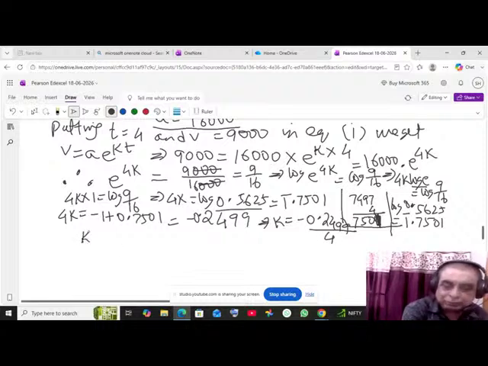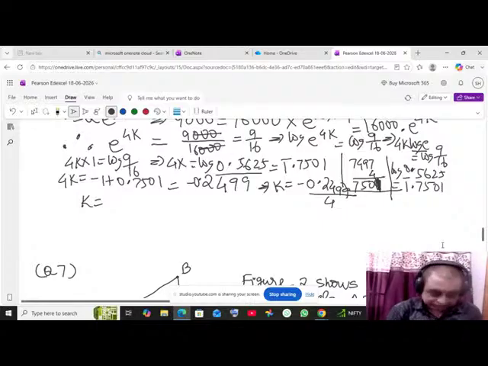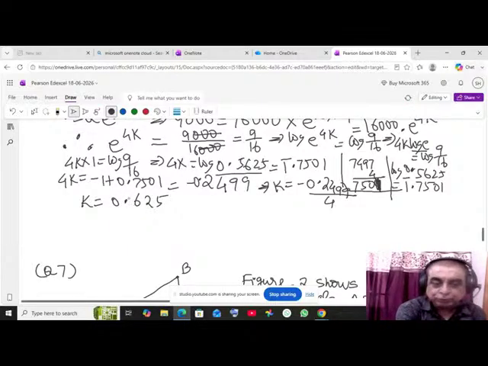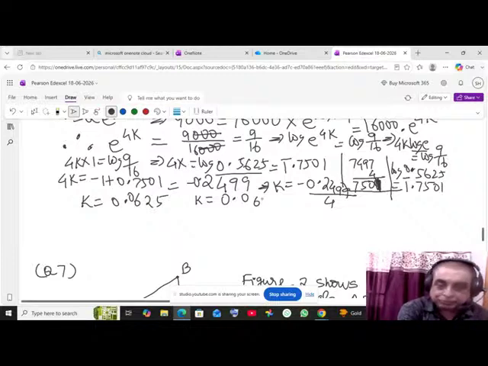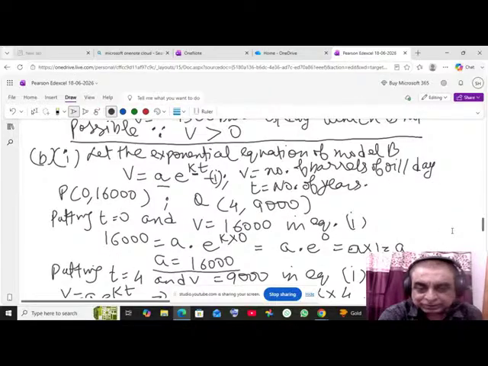This comes to 0.0625, rounded to the fourth place, with a negative sign. So that is the required equation.